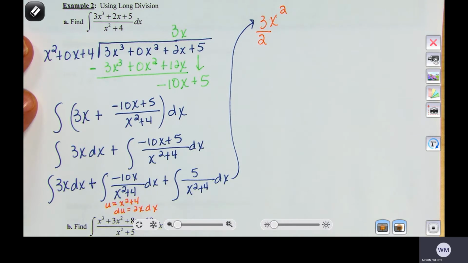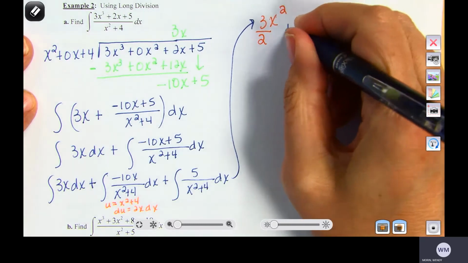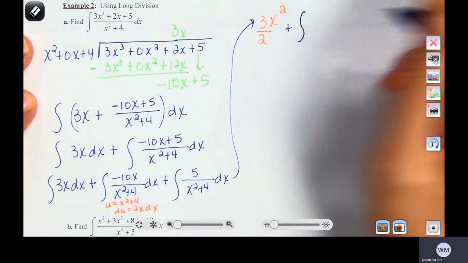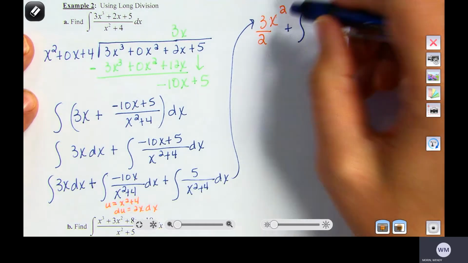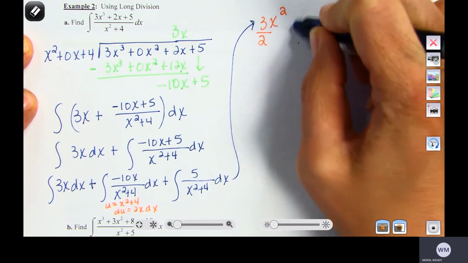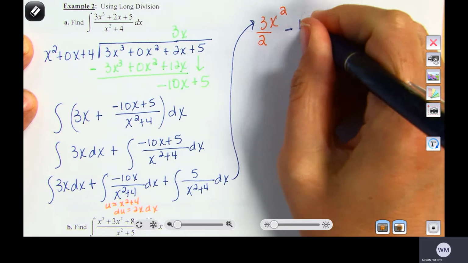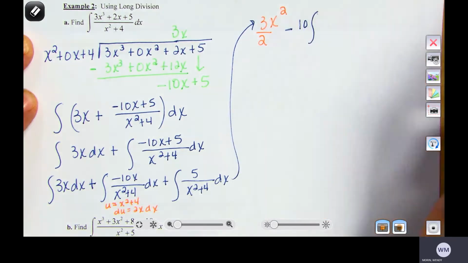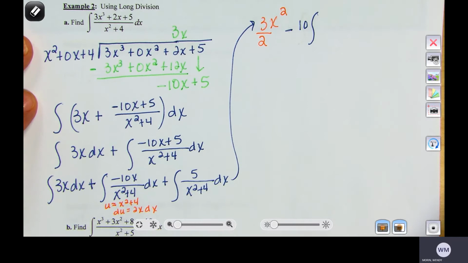Okay, so I'm actually going to rewrite this. I'm going to pull that negative 10 out in front. I'm actually going to do u substitution now.